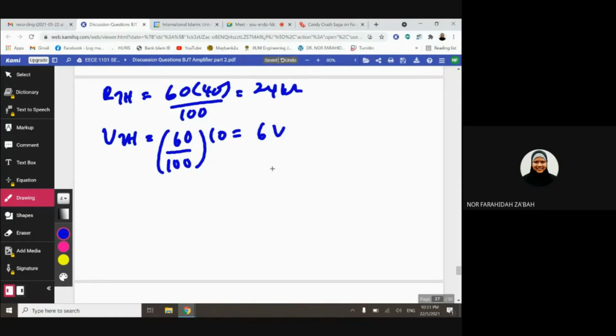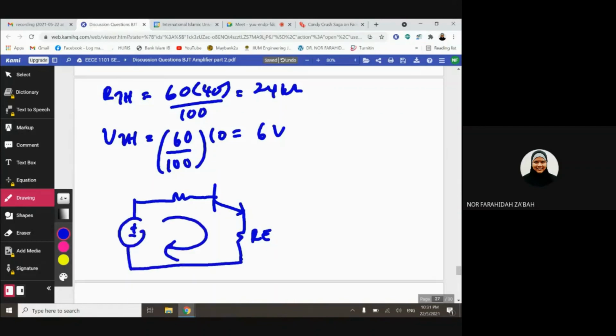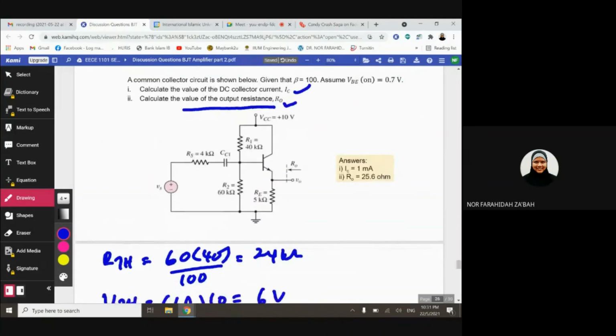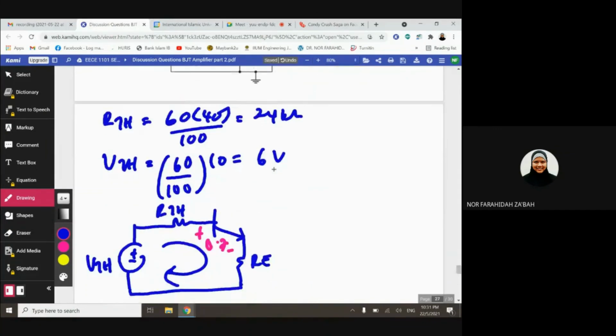Okay, so the DC collector current can be calculated just using the BE loop like this. VBE on is 0.7. This is my RTH, VTH. And this is 5 kilo ohm.